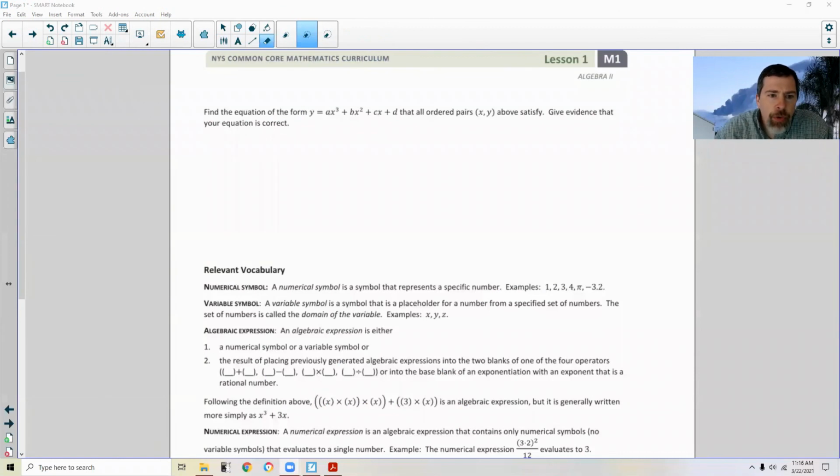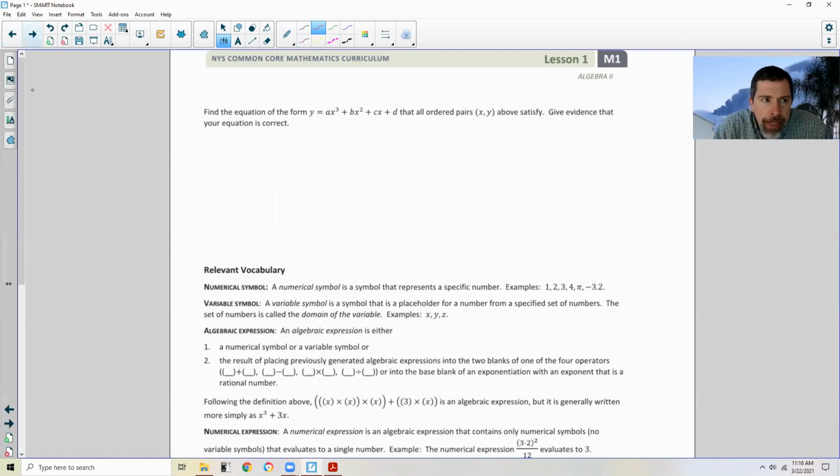Okay, we're on page 4. Now it says to find the equation of the form y equals ax cubed plus bx squared plus cx plus d. So it's a cubic. That all ordered pairs x, y above satisfy. Give evidence that your equation is correct.